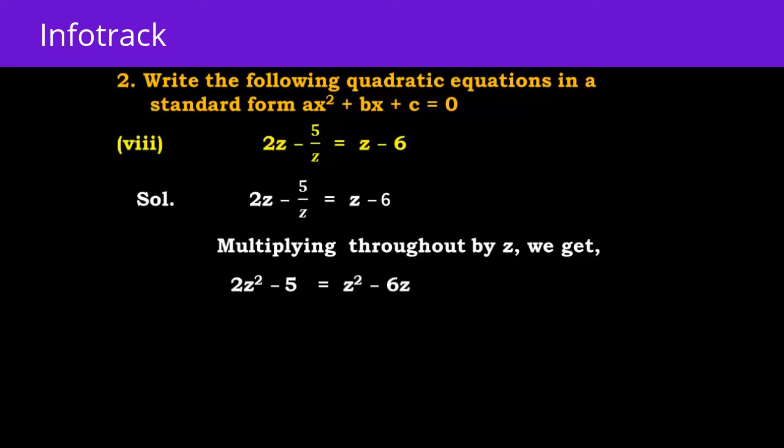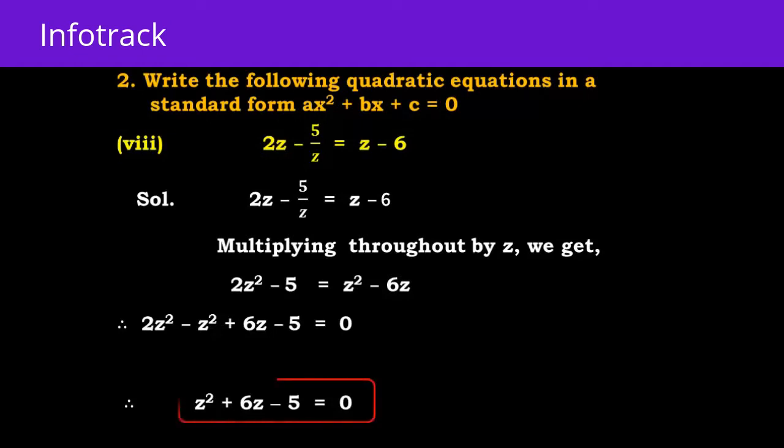Now you can bring all the terms to one side of the equation. So 2z square minus z square plus 6z minus 5. 2z square minus z square will become z square plus 6z minus 5 is equal to 0. So the equation is now in standard form, ax square plus bx plus c is equal to 0.